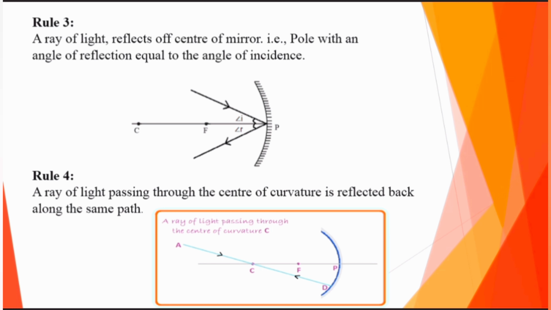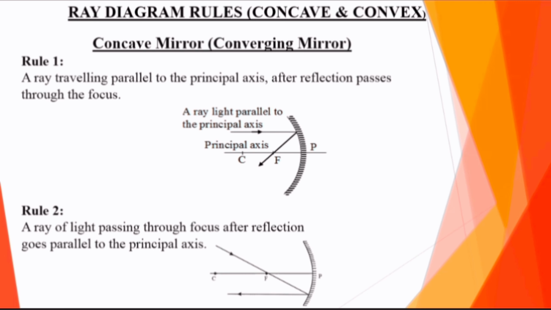So these are the rules. These rules help us understand how light behaves when it hits different parts of the mirror and are essential for accurately drawing ray diagrams. So in the first rule, a ray traveling parallel to the principal axis, after reflection passes through the focus.